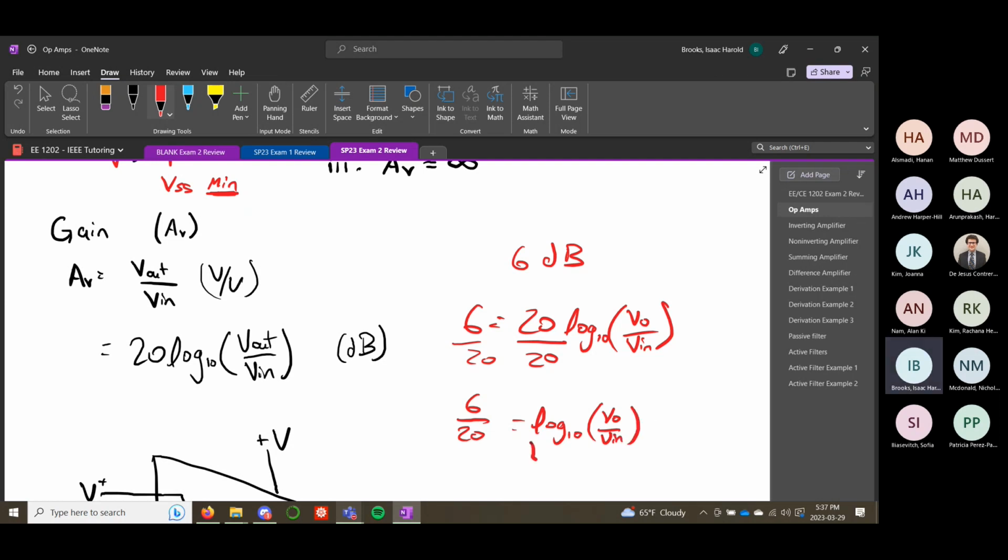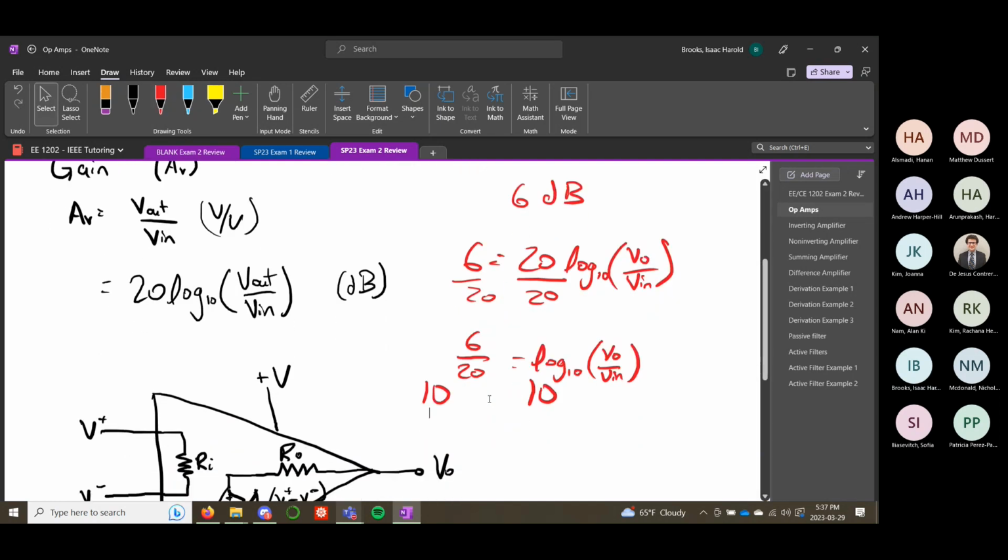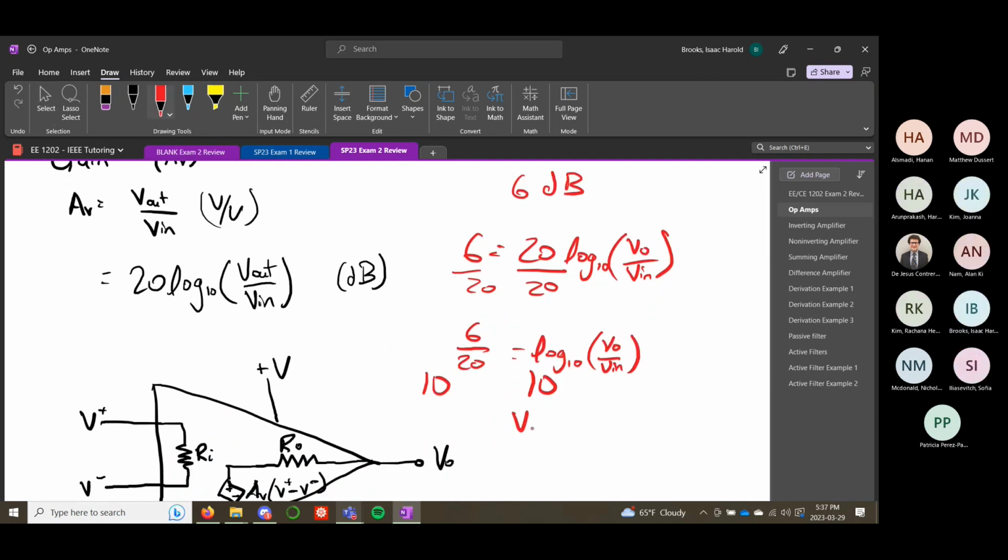To get rid of the log, we raise 10 to the power of both sides. This gives us V out over V in equals 10 to the 6 over 20, and you type that into your calculator. So we can use this formula to go back and forth between the two. It's not just going from the ratio to decibels. You can use it the other way.